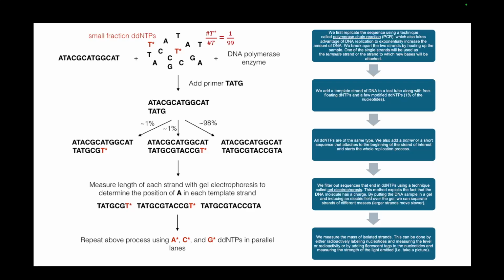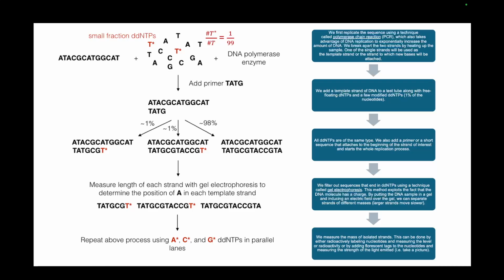Then at every possible position where there is an A, it is possible that the ddNTP will come and bind and stop the synthesis. So for 98% of the time you'll get the whole sequence, but in some cases you'll get a truncated sequence, because after that no further nucleotides can be added as this is a ddNTP. And after this has been stopped, you measure the length of each strand using gel electrophoresis.